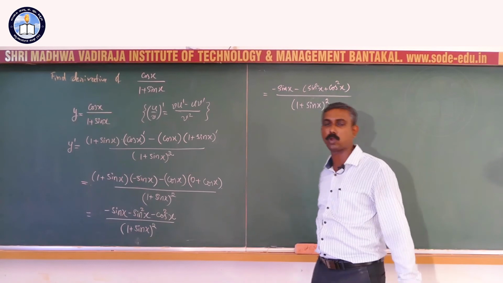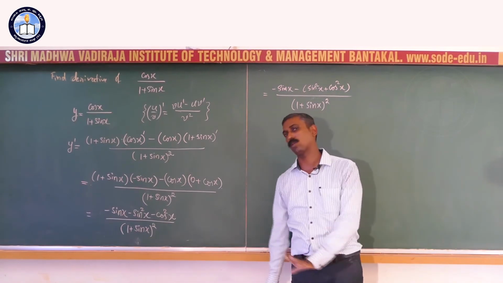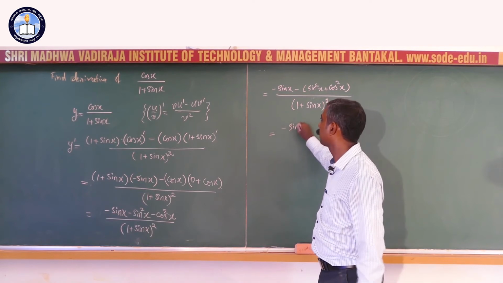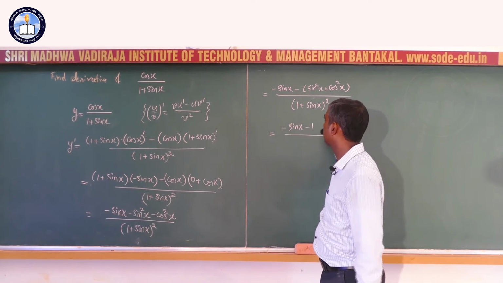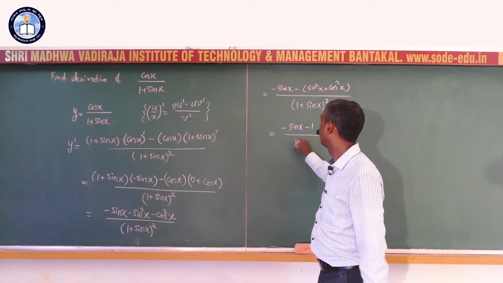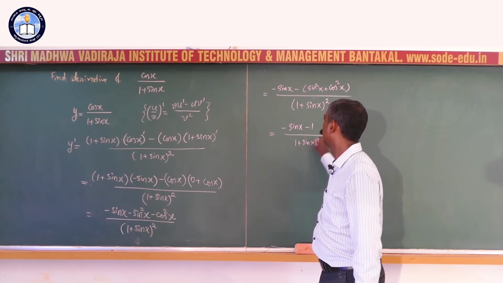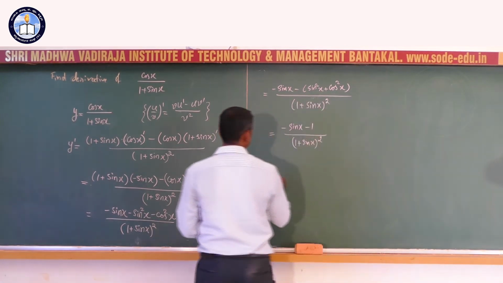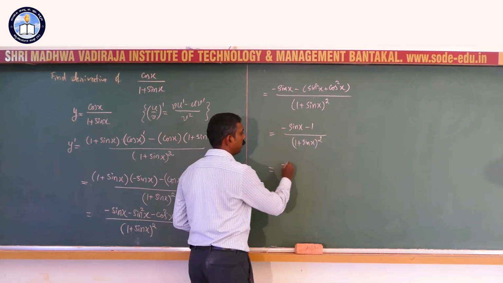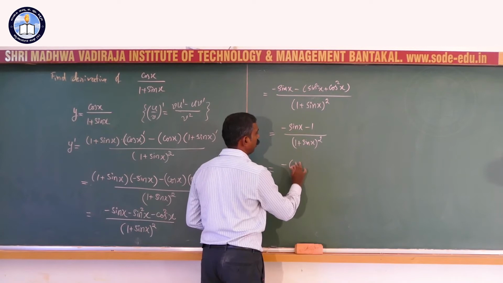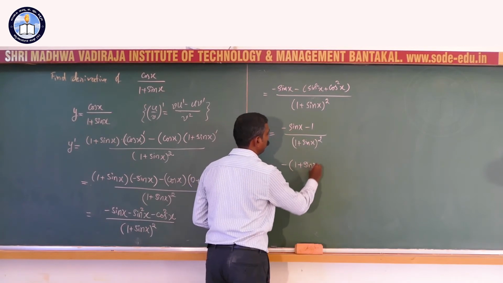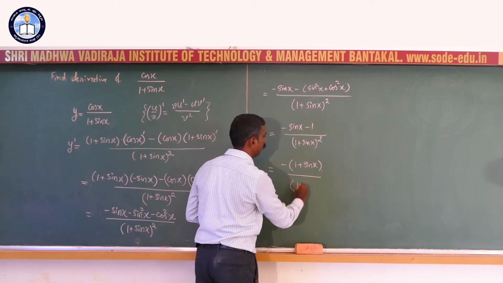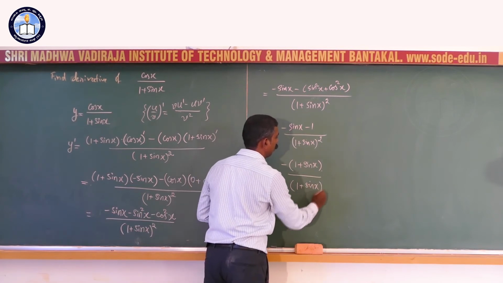What is sin square plus cos square? Sin square x plus cos square x, it is 1. So, it is minus sin x minus 1 divided by 1 plus sin x whole square. And here further I can see that okay, minus can be taken outside. So, minus if you take outside, it is 1 plus sin x or sin x plus 1, both are same, 1 plus sin x whole square.